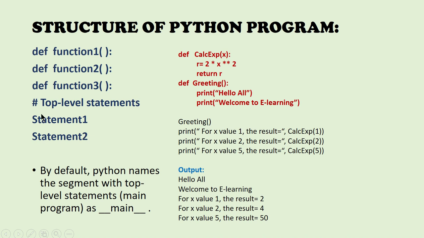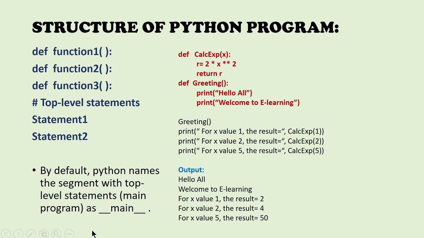These top level statements are by default given the name __main__. Normally in other programming languages such as C and C++, we explicitly write the function name as main. If you write a C or C++ program, there must be a function void main, and the execution of the program starts with main.